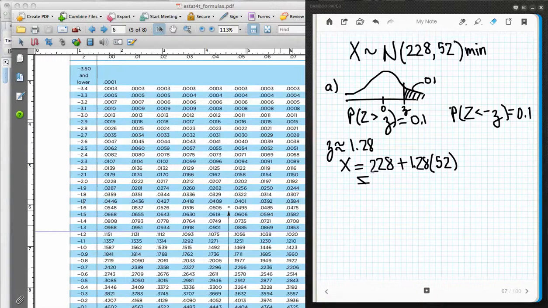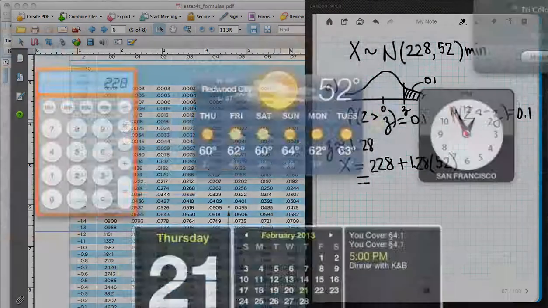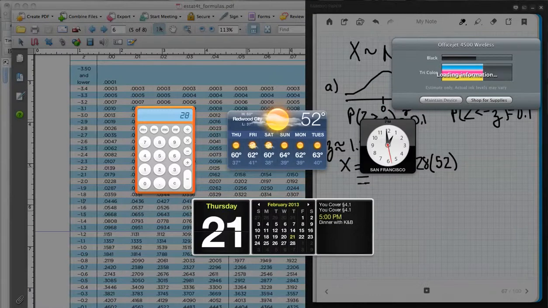So my value here, go to my silly simple calculator here, and I have 28 multiplied by 52, and then I'm going, that doesn't seem right. Something must have been in my calculator. 28 times 52, oh, it was right. And then I'm going to add to that my 228, correct?